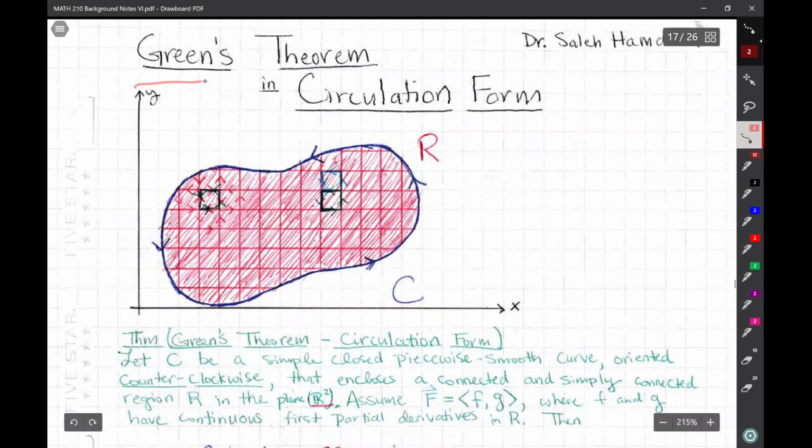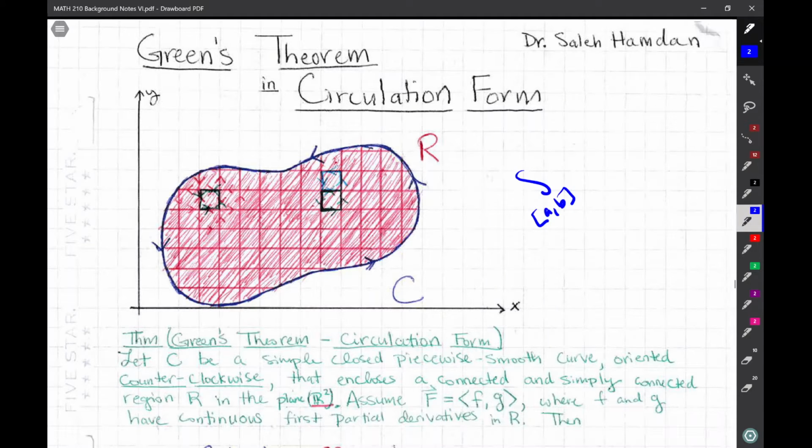Let's take a look at Green's theorem in circulation form. Now, from the fundamental theorem of calculus, we wrote it before as the integral over the interval AB of df/dx is equal to F(B) minus F(A).